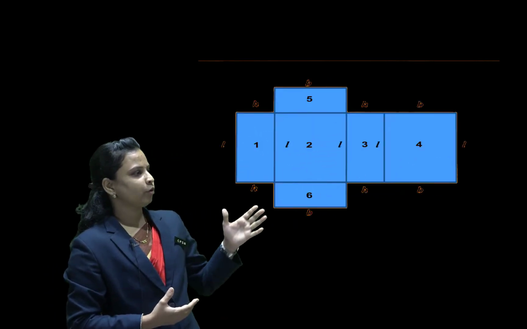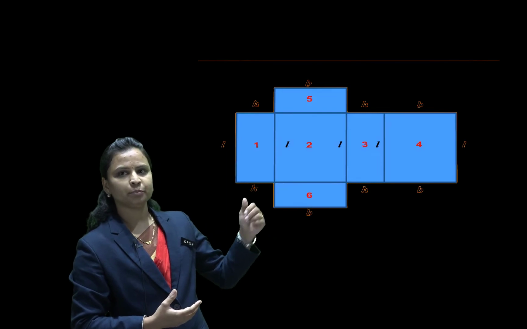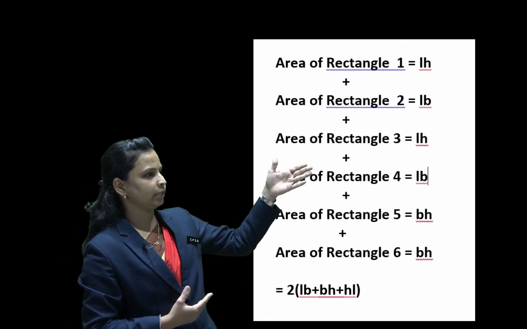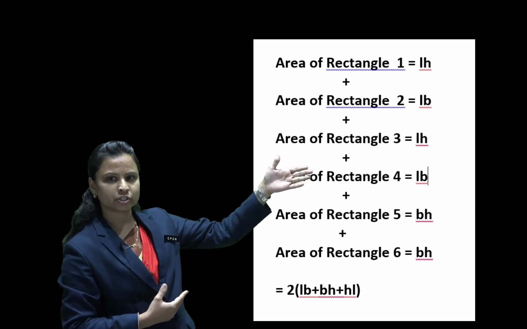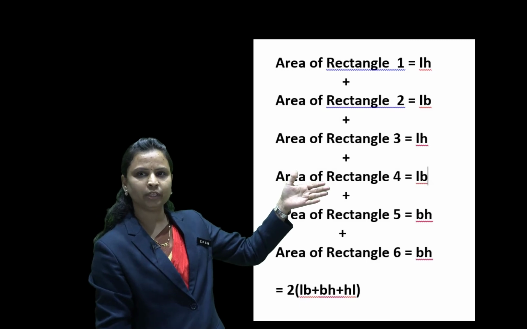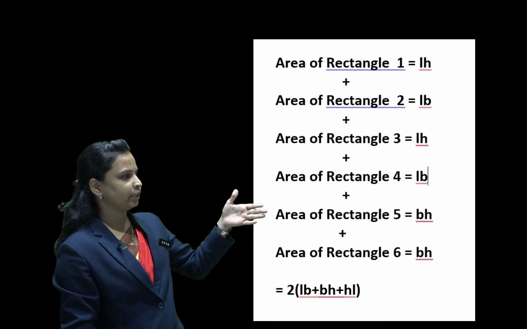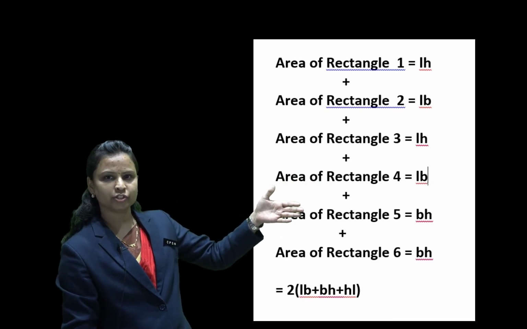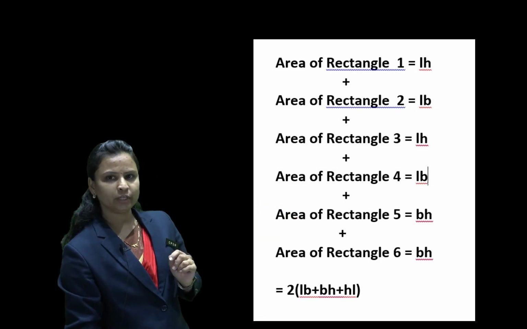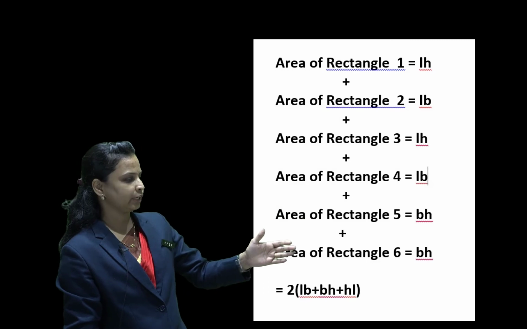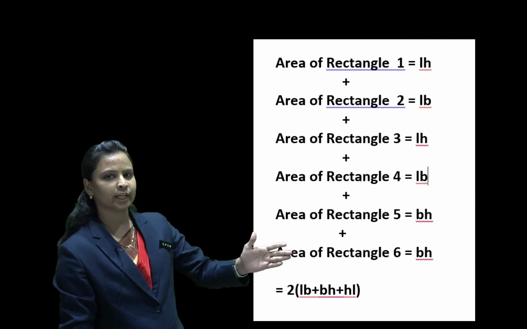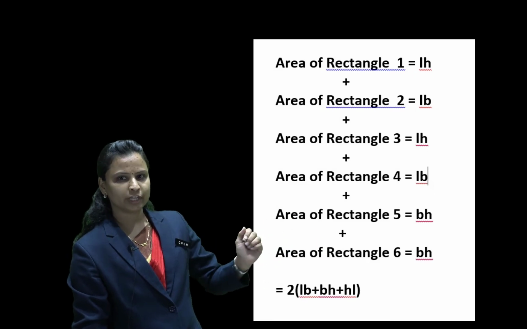The sum of all areas of rectangular pieces is: area of rectangle 1 is L into H, plus area of rectangle 2 L into B, plus area of rectangle 3 L into H, plus area of rectangle 4 L into B, plus area of rectangle 5 B into H, plus area of rectangle 6 B into H.